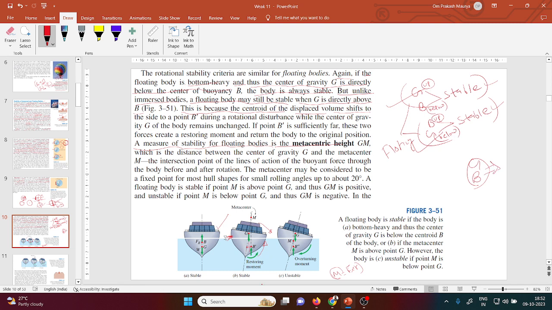In that case, if the center of gravity is below the center of buoyancy, this is the stable condition. But here the stable condition does not depend only on the position of B. Whether the position is below or above, in both cases your body can be stable. So that's why for a floating body the metacenter height is very important, and we focus on the metacenter height instead of the center of buoyancy.